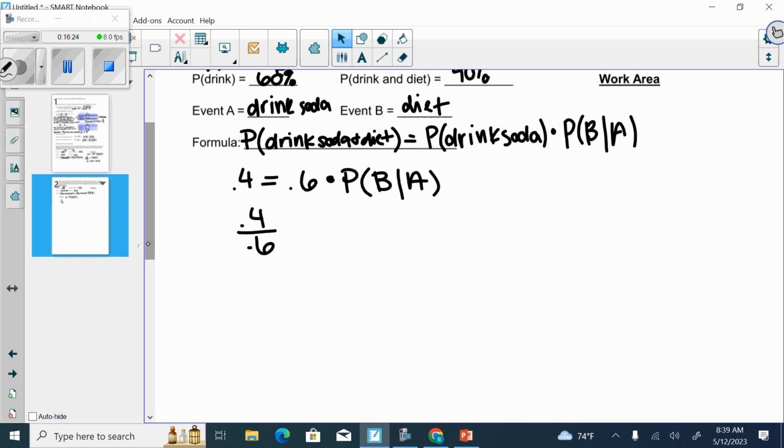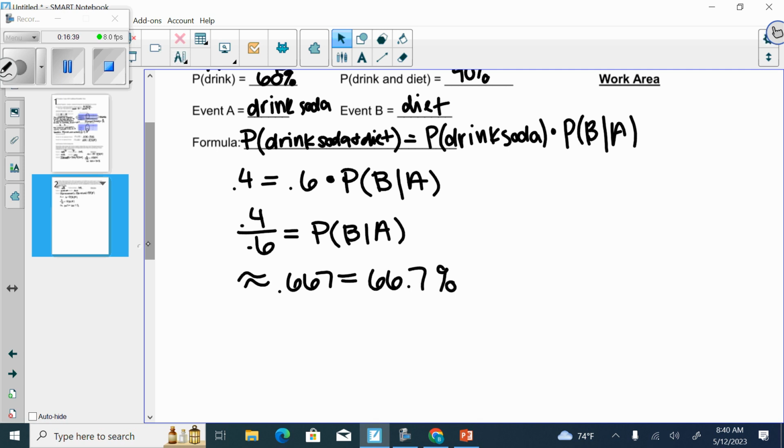All right, and what do we get when we divide by 0.6? Okay. Approximately 0.667, which would be about 66.7%, right? So we could make the statement that the probability that a respondent drinks diet soda is about 66.7%.